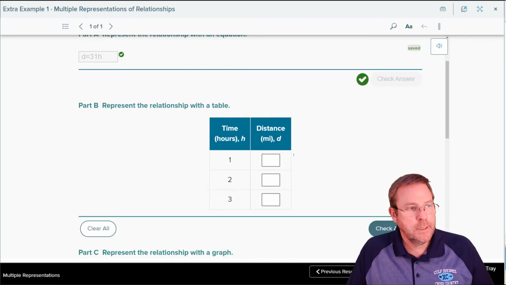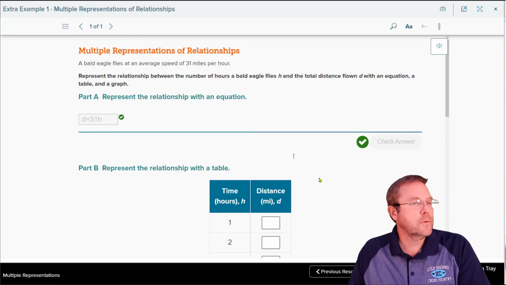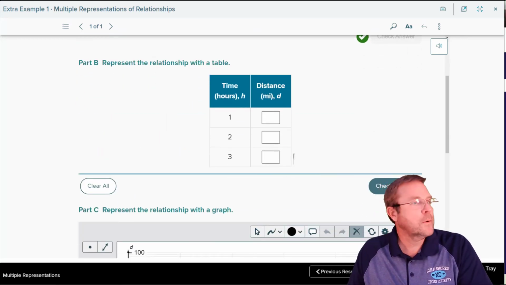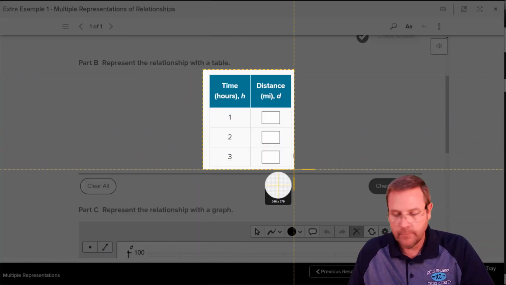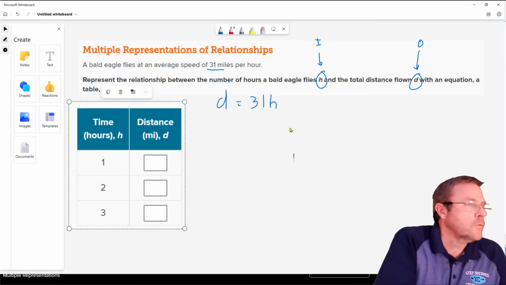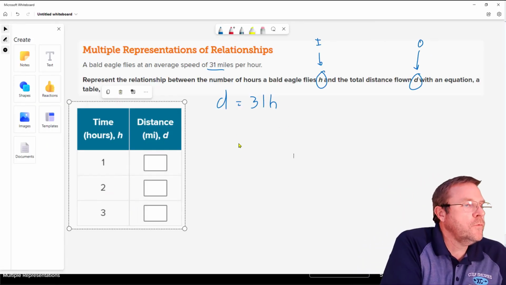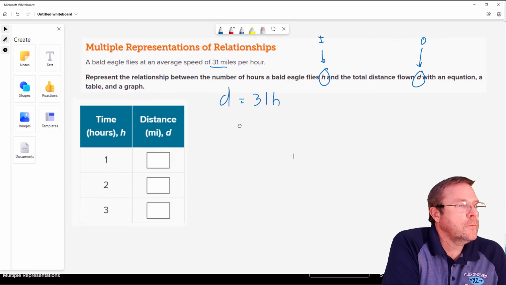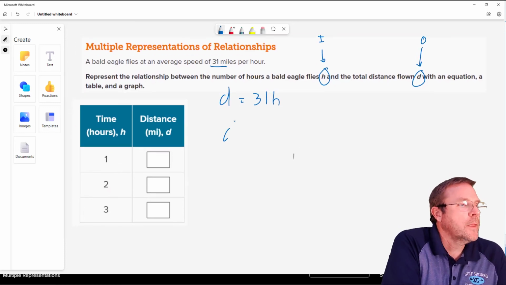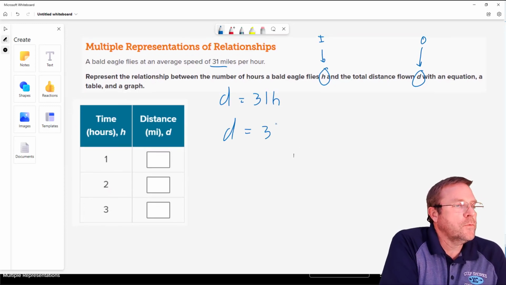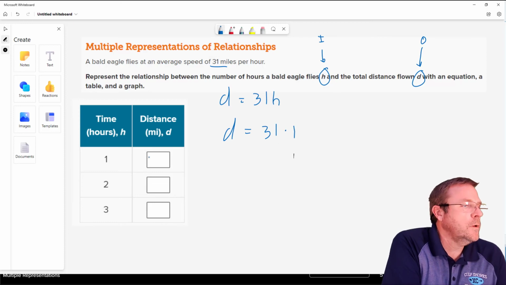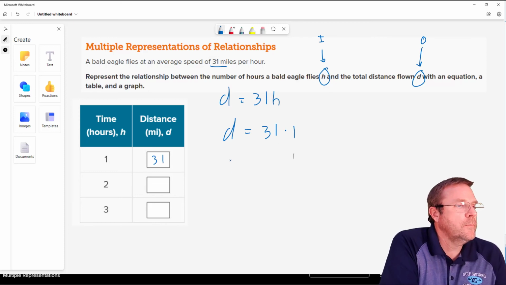That part checks. Next, we need to fill in our table here. So I'm going to take my screenshot. Alright, so now we're going to plug in the values for H into our formula here. We have, whoops, get my pencil back. D is equal to 31 times 1, which is 31.